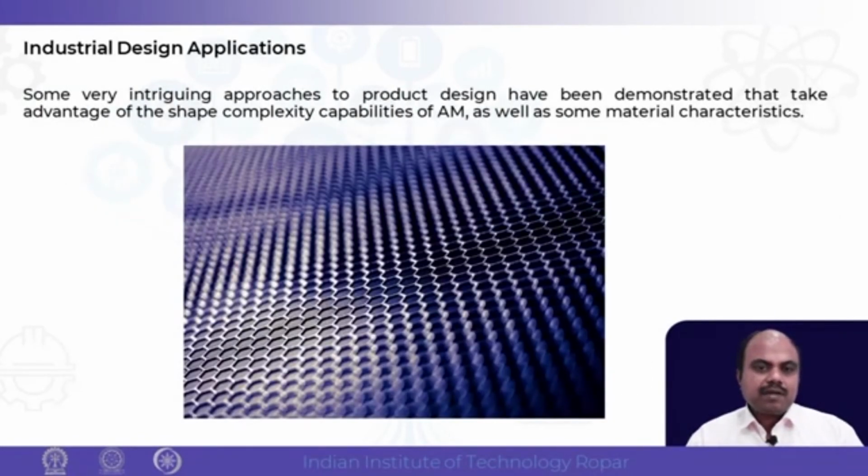Industrial design is very different, where we need products which look beautiful and attractive, which means aesthetics, and also ergonomics. It will be suitable for the people who are going to use it. And this is possible when we have additive manufacturing with us.